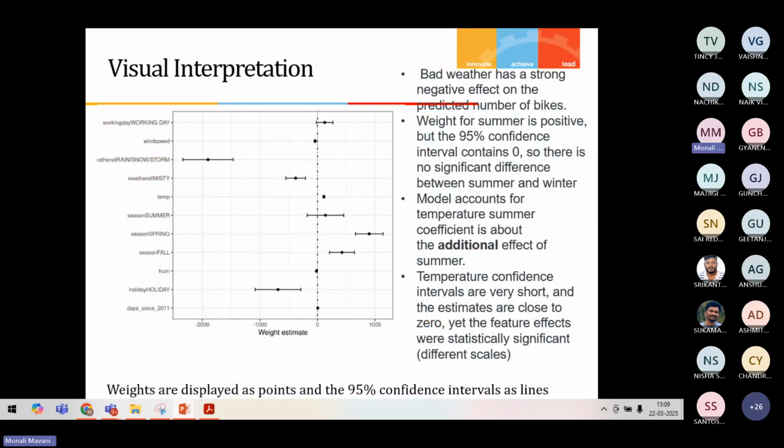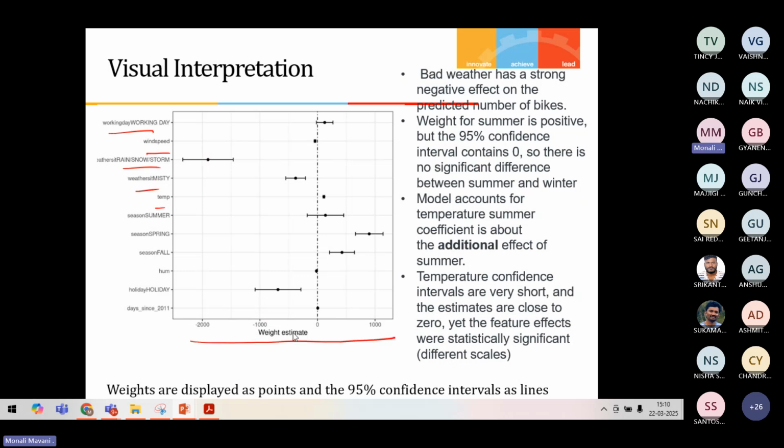Now this is a visual interpretation. Just read this diagram for 2 minutes. Here the weights are represented as points, and on the y-axis we have all of these features.